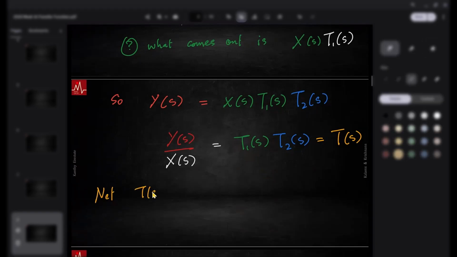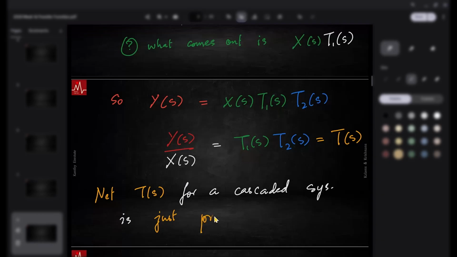For a cascaded system, that is, where the output of one system is fed as input to the other system, the net T of s is just the product of the subsystems, this into this.